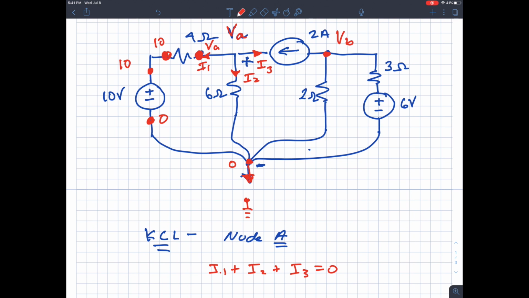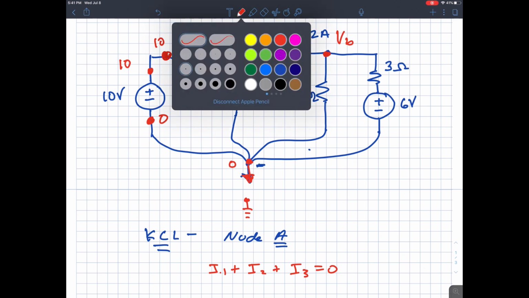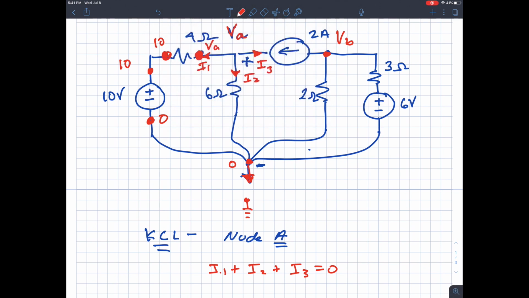Here's where we need to use the passive sign convention. We talked about the passive sign convention, where you have a voltage drop in the direction of the current flow. Because we're using a resistor, we know resistors are passive elements, so we use the passive sign convention.